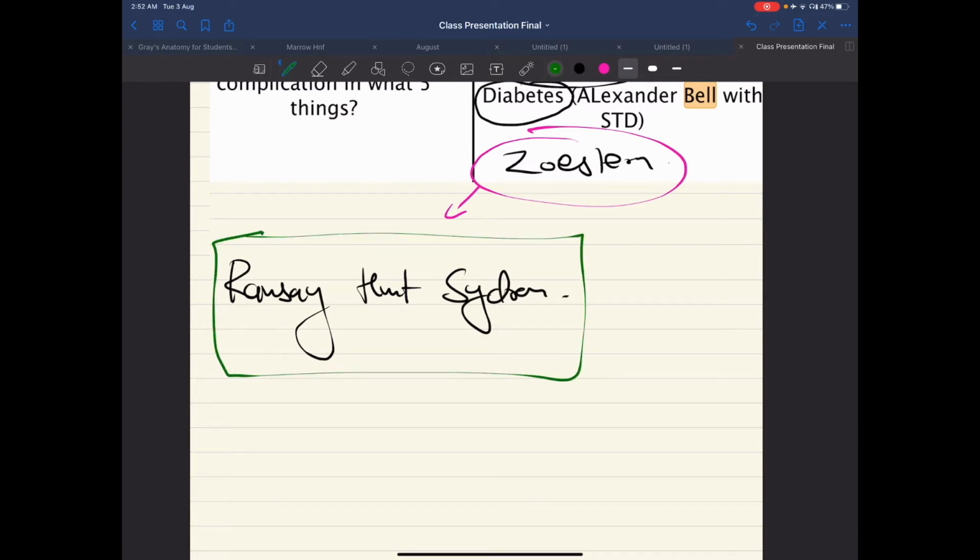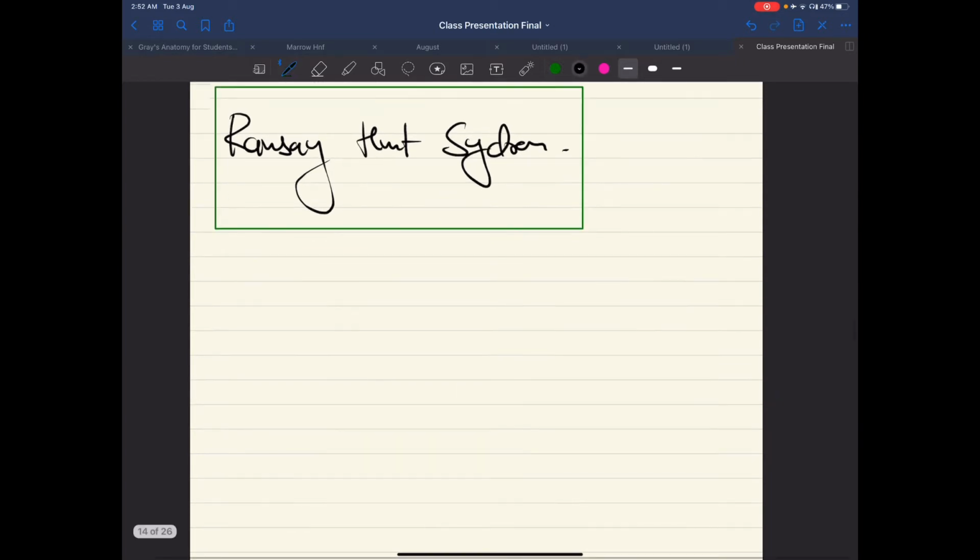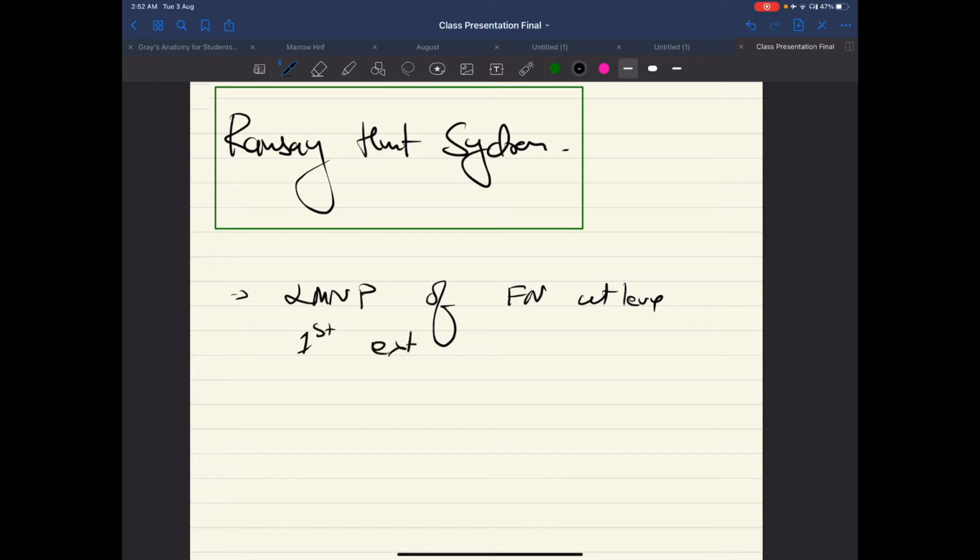It's just facial paralysis, Bell's palsy, due to Zoster. Actually, this is a little bit more. When Zoster causes this, it produces a lesion with symptoms similar to lower motor neuron palsy of the facial nerve at the level of the first external genu.